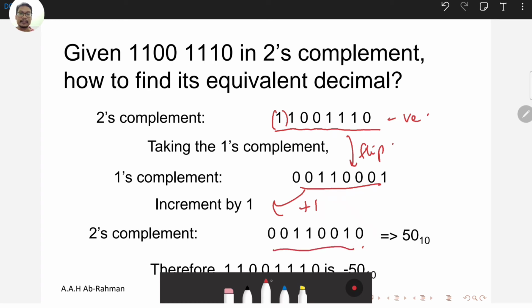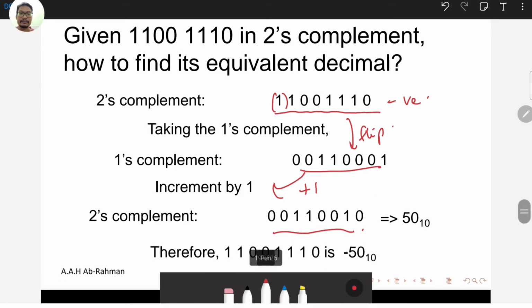We get this binary, and from this binary we can get the equivalent decimal using 2 to the power, just like what we saw in the previous slides. We find that this binary is actually 50 in base 10, and therefore your original binary up here is actually negative 50 in base 10.